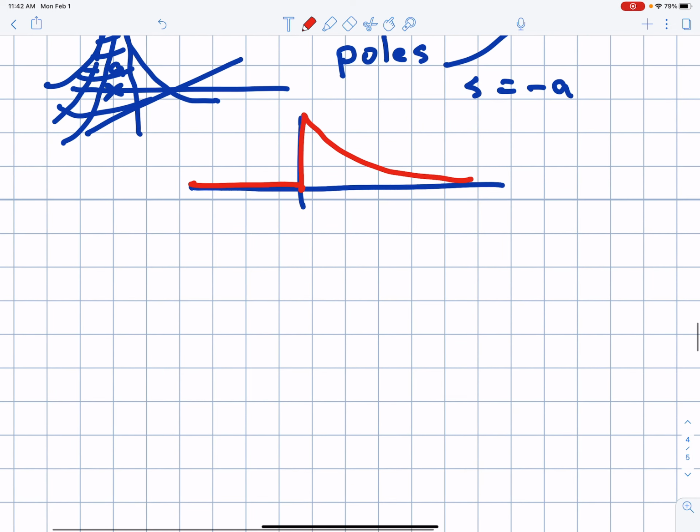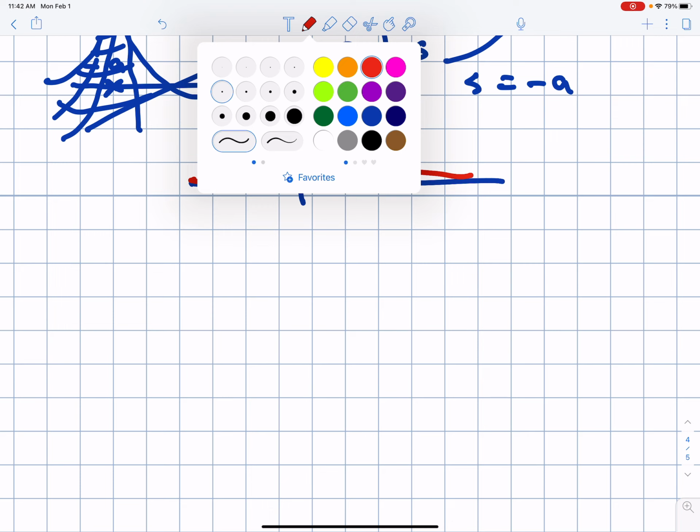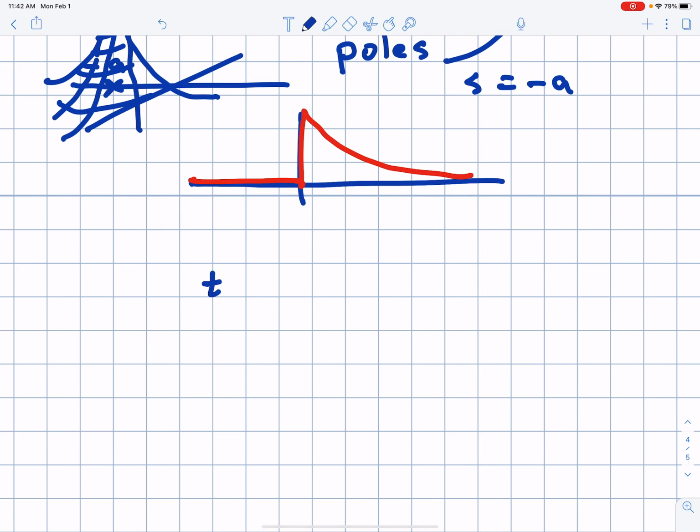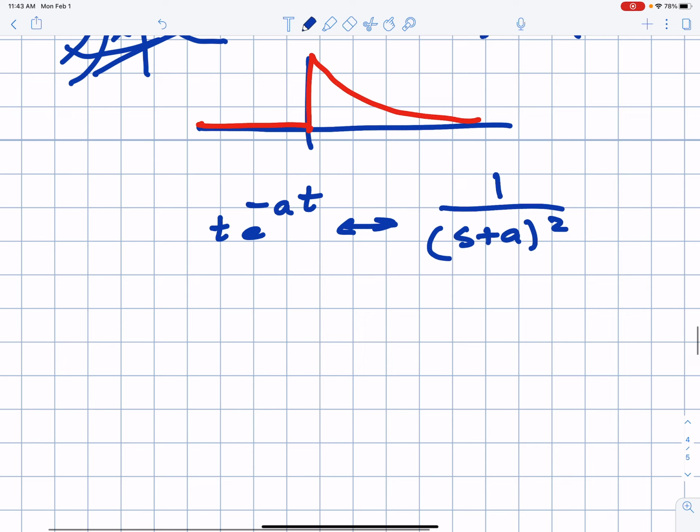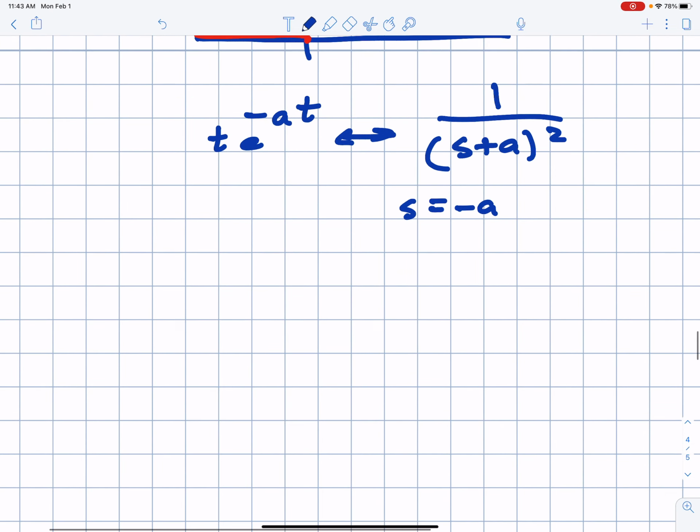All right, next one I wanted to talk about is what happens when you have t e to the minus at. That Laplace transform turns out to be 1 over s plus a squared. So it's still a pole at minus a, but it's repeated. Because it's squared, it's there twice. What's interesting about that one is that you now have two functions here.